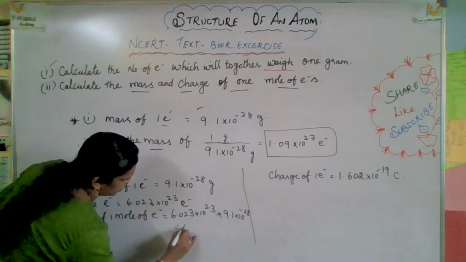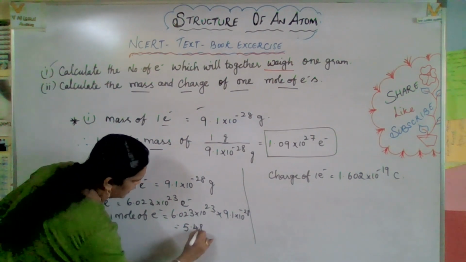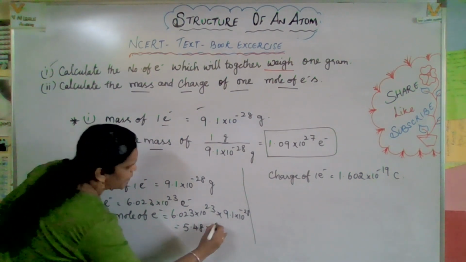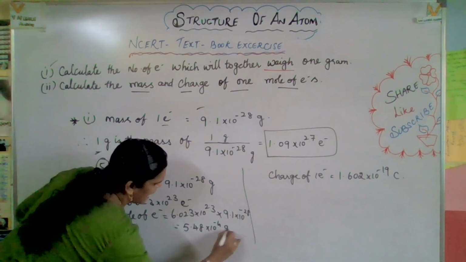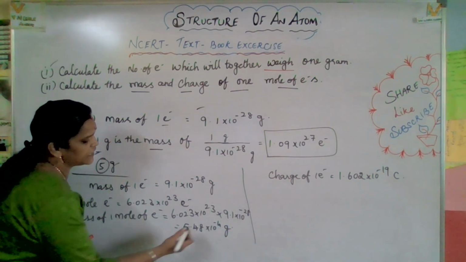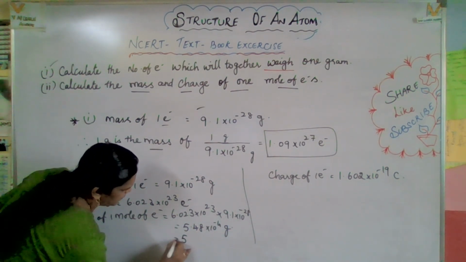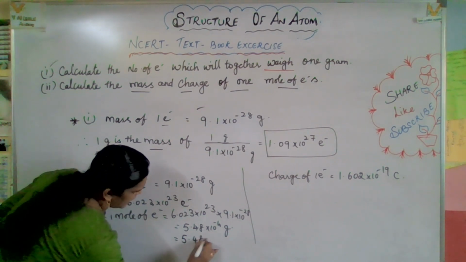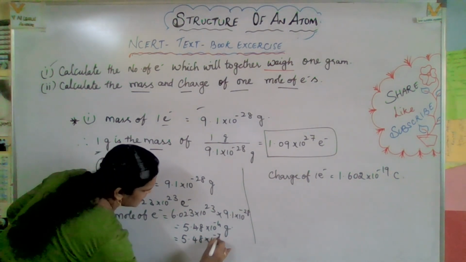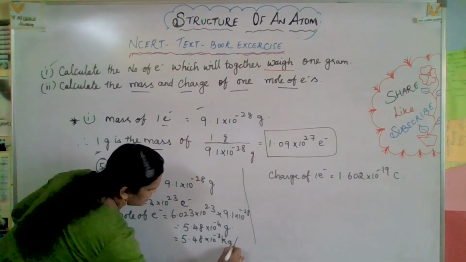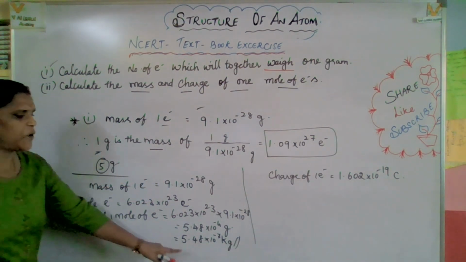Altogether you will get 5.48 into 10 to the power of minus 4 grams. If you convert it into kg, 5.48 into 10 to the power of minus 7 kg. Right? Hope you're clear with it.